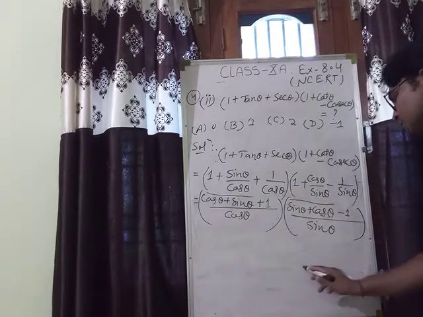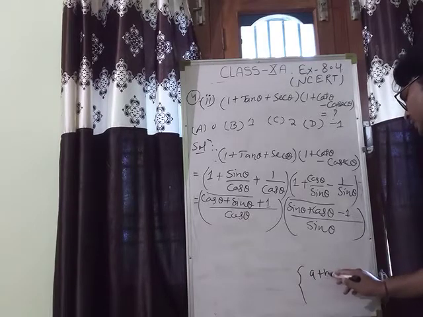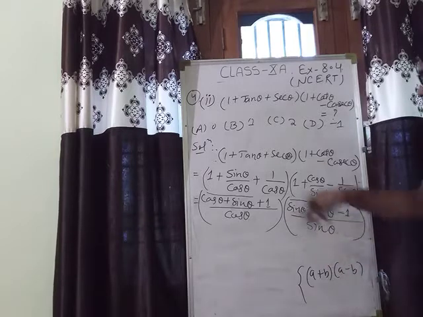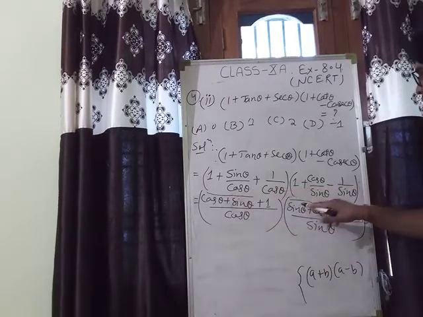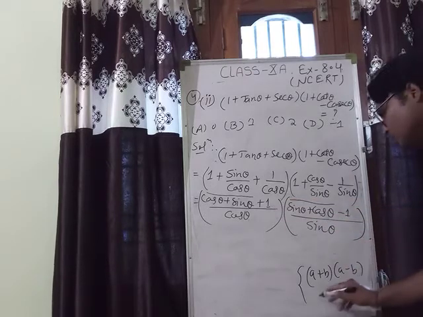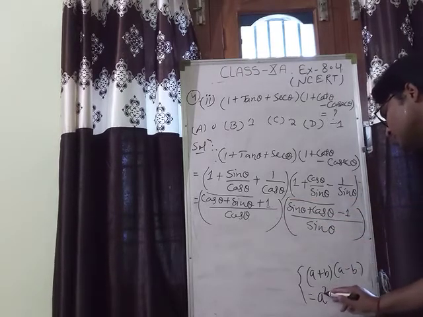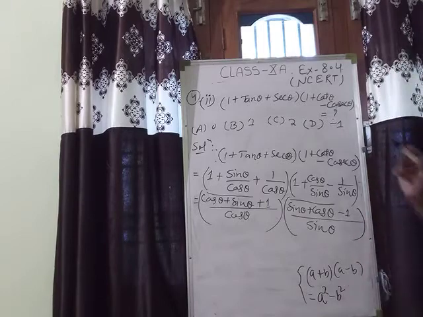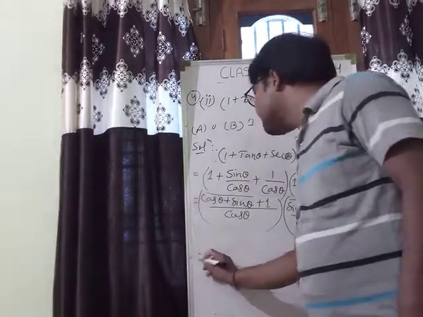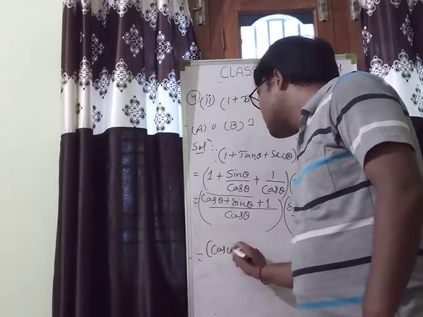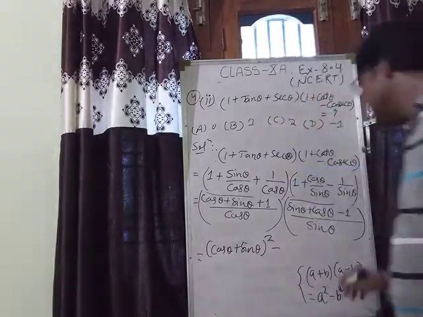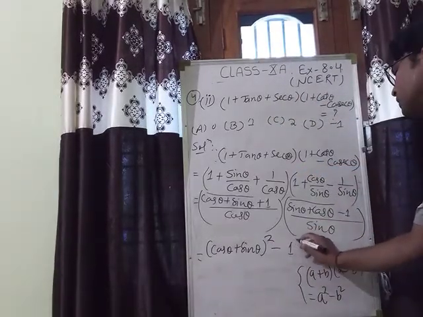So this is in the form a plus b into a minus b. At the place of a here, cos theta plus sin theta, and at the place of b here, 1. And we know that a plus b into a minus b is equal to a square minus b square. That's why, what is the product of the numerators? It will be a square means cos theta plus sin theta whole square minus b square means 1 square.